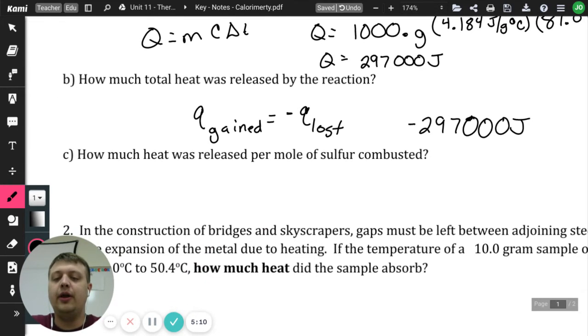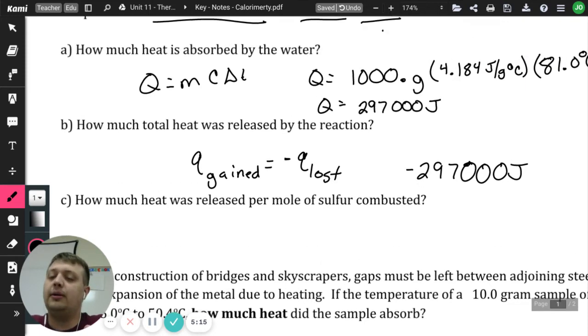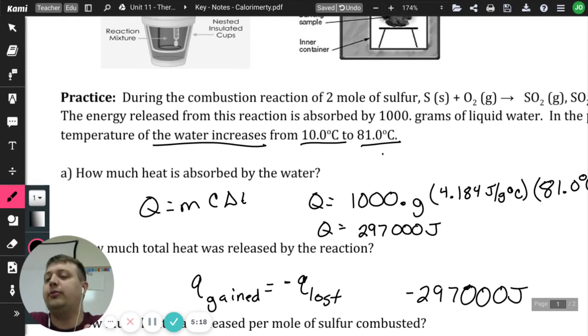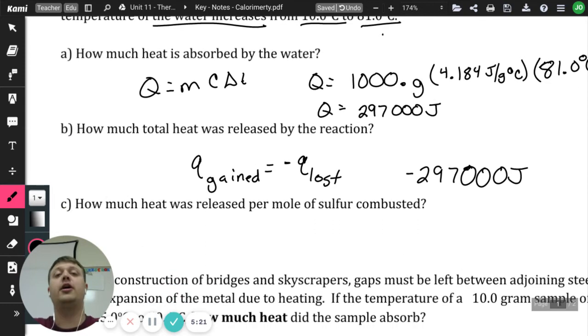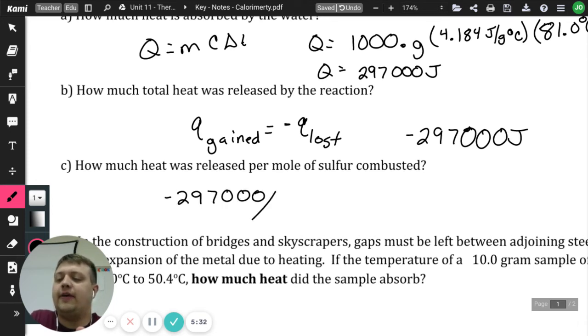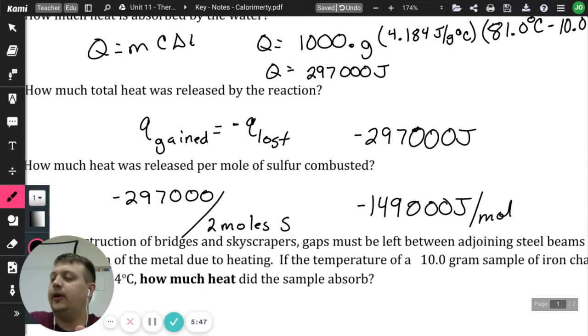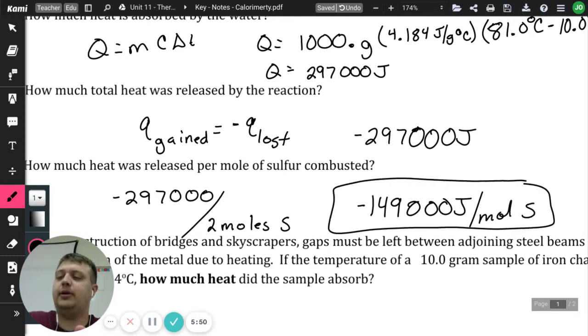Then it asks how much heat was released per mole of sulfur combusted. Looking back at my original problem, they said the combustion reaction of 2 moles of sulfur. So those 2 moles produced 297,000 joules. I would take negative 297,000 and divide it by the 2 moles of sulfur, and that gives me negative 149,000 joules per mole of sulfur. That ends up being my answer there.